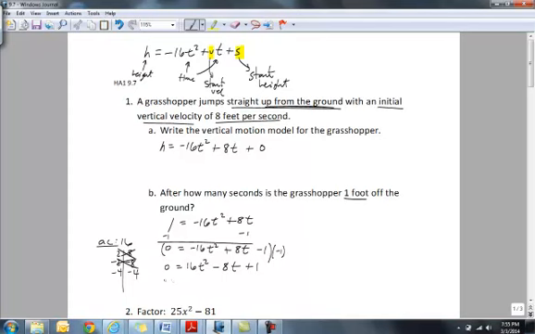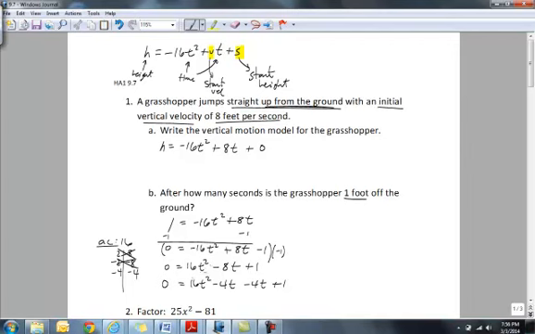So we're going to split the middle. It looks like this: 16t squared minus 4t minus 4t plus 1. Remember, we're just splitting the middle so that we have something that will factor, and the b term is still the b term. It hasn't changed value.